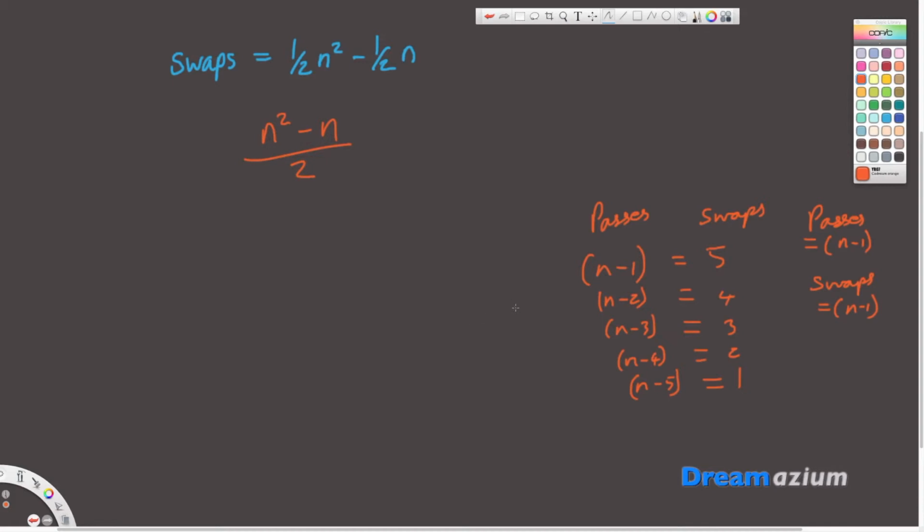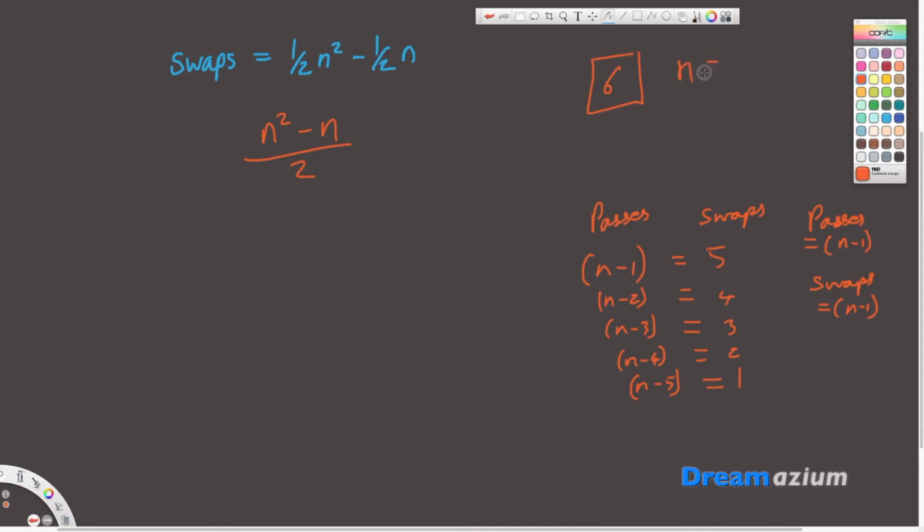So if we put some real numbers in now so that we can see what's going on. We've worked out the swaps, we've worked out the passes, we've worked out the formula, and we had 6 items in our list.